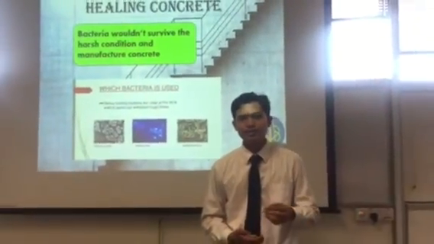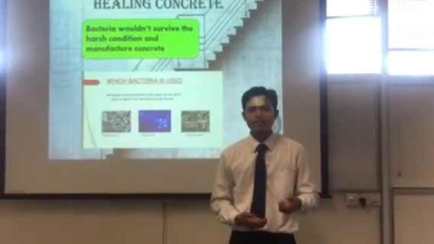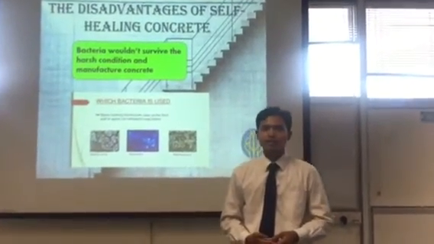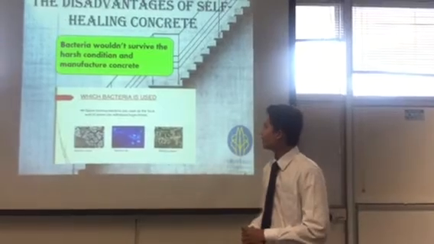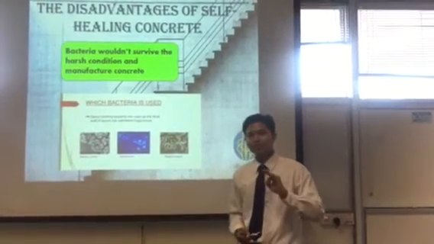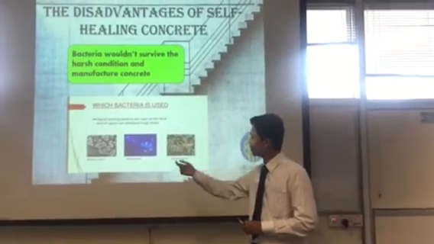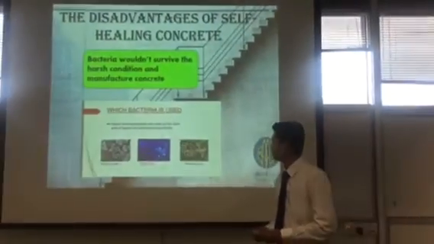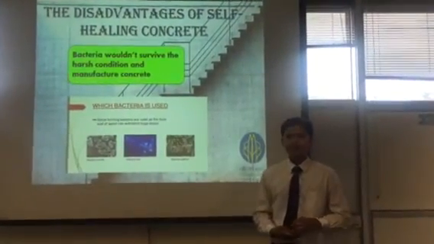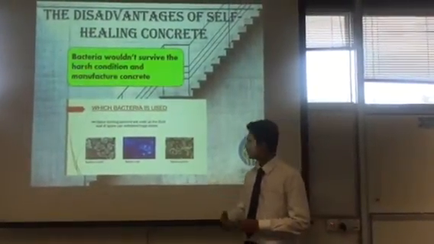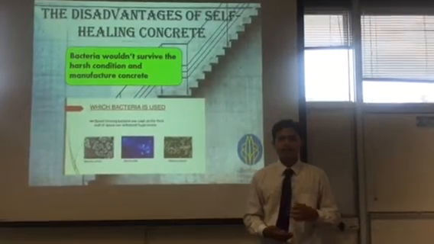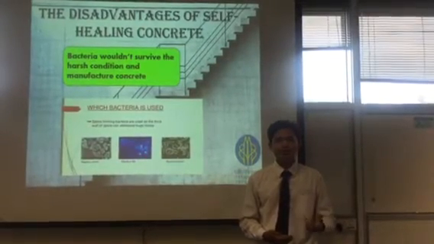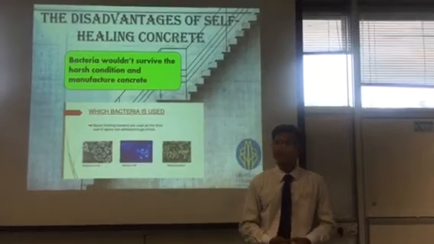We use 3 types of bacteria: Bacillus cohnii, Bacillus halodurans, and Bacillus pseudofirmus. The best of them is Bacillus halodurans, which can produce limestone in the fastest amount of time.